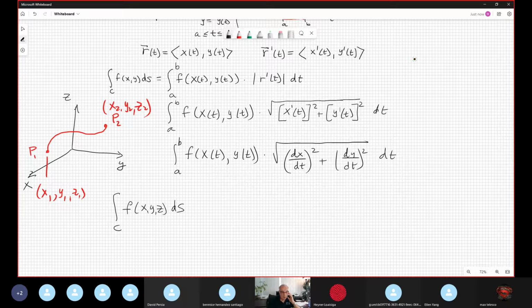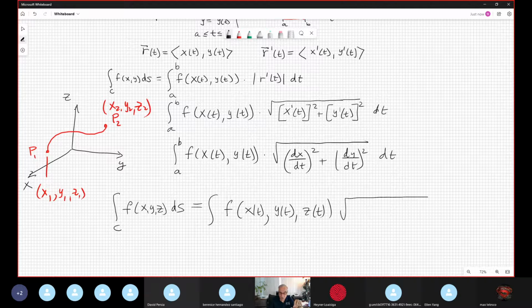So the formula is the same. Look, in the integration you replace x, y, and z by the corresponding parametric equations. In this case, we have 3 parametric equations: x of t, comma, y of t, comma, z of t. So we convert my problem into a 1-dimensional integral in the parameter t.